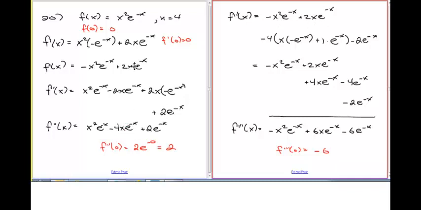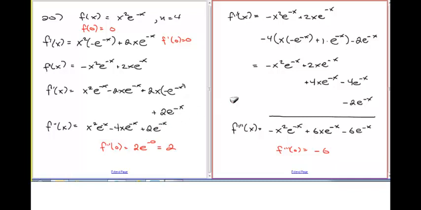So you get negative 4, and then you take the derivative of this product: x times the derivative of e to the minus x, plus the derivative of x times e to the minus x. And then the last one, you get a negative sign from taking the derivative of this part, so it becomes negative 2 e to the negative x.